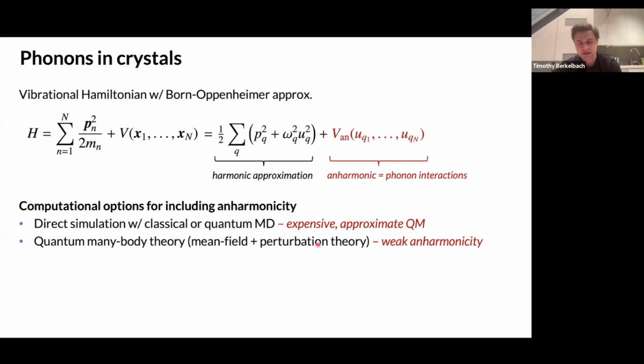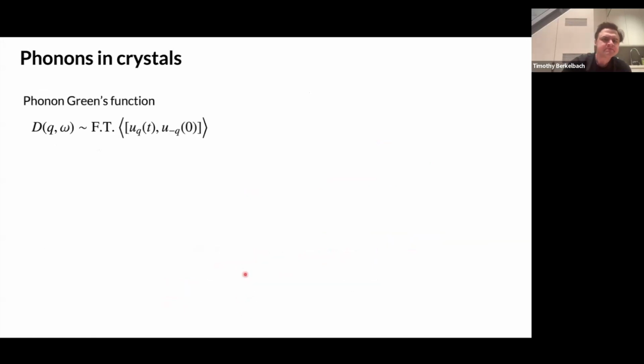And so the standard thing is then to do perturbation theory in order to calculate things like phonon lifetimes. But as this audience knows extremely well, approaches like this are typically only applicable when the interactions are weak. So for phonons, that means weak anharmonicity. And so, of course, today will be about an effort to use dynamical mean field theory to treat this problem.